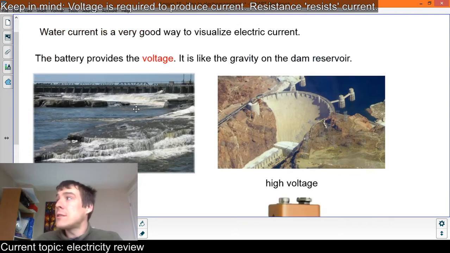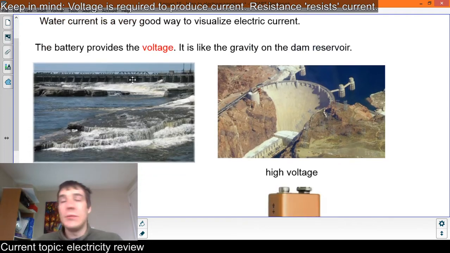In the water analogy, it's how many joules each, I don't know, liter of water has, each pack of water. And this energy is potential energy. So here's a very tall dam. Here's a very short dam. This is the Chaudière Falls in Ottawa. This is, I believe, the Hoover Dam.